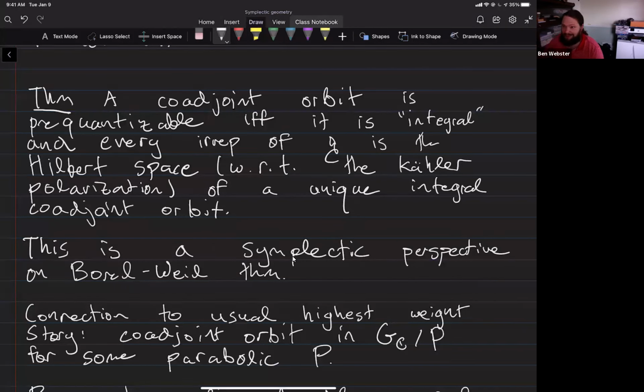And that line bundle is nef, it's only the nef line bundles on the flag variety.